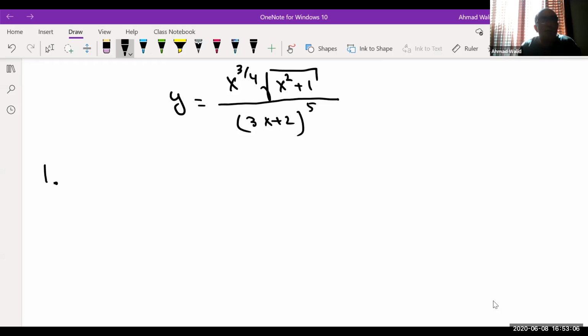Let's write here steps for the logarithmic differentiation. Step 1.